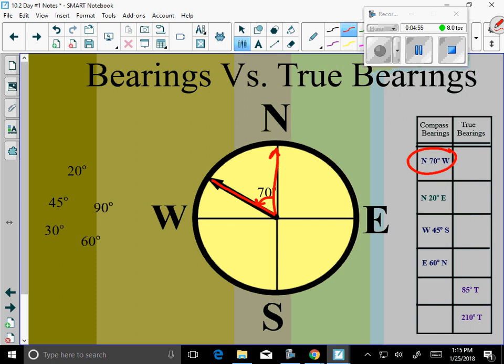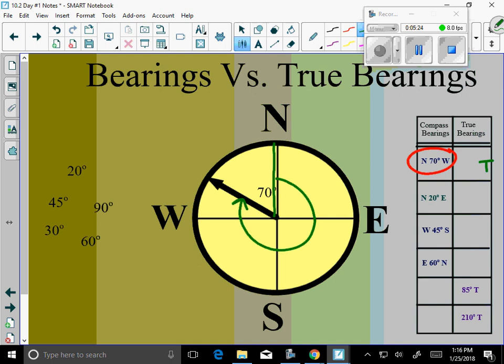Okay, true bearings. True bearings are for right-handed people only, not lefties. Okay? So true bearings mean you face north and then you turn to the east until you hit said bearing. So north 70 degrees west would be the same as what true?